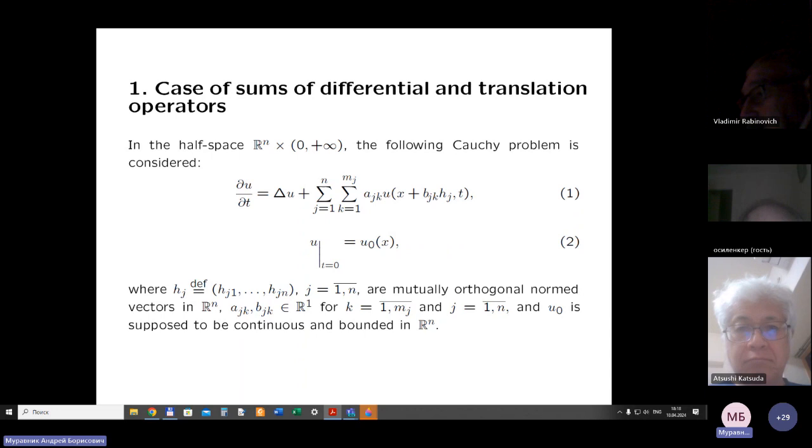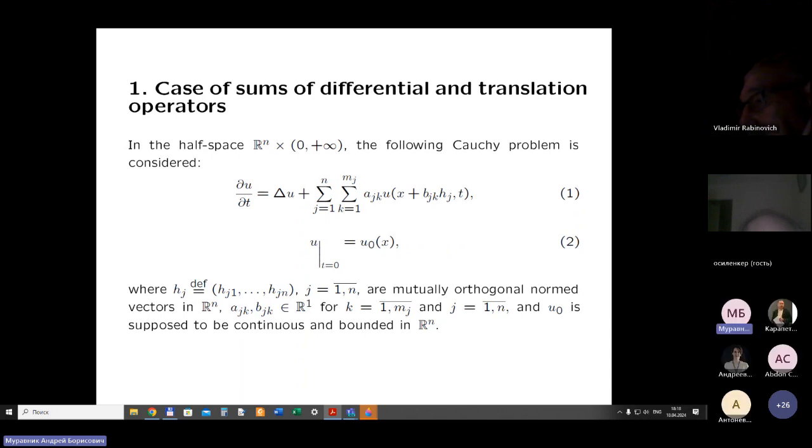So first, let us start from the case where the equation contains sums of differential and translation operators.